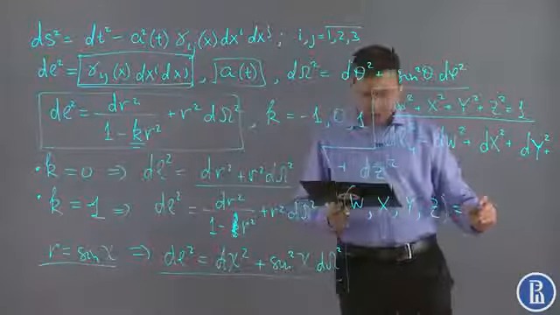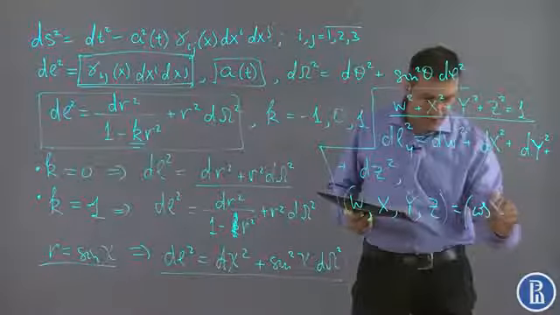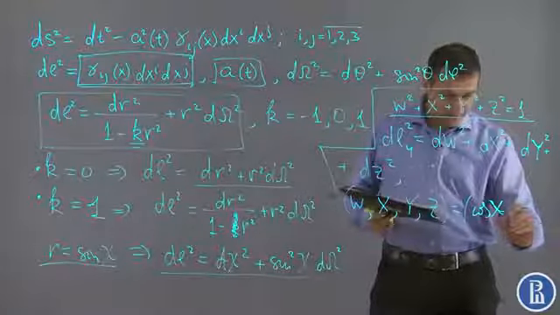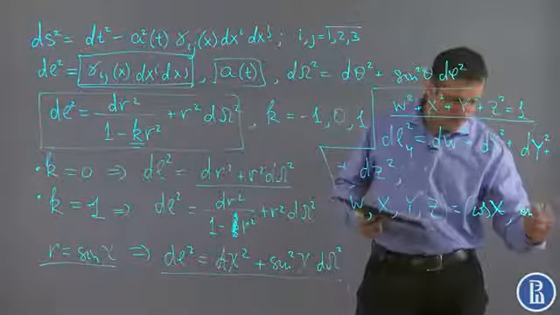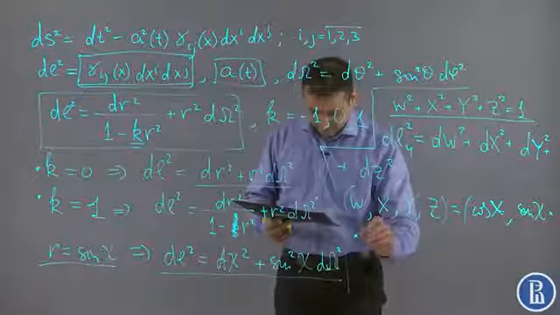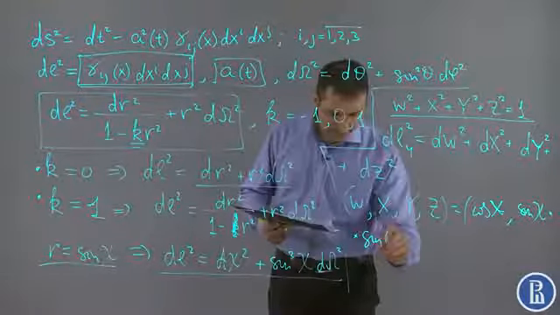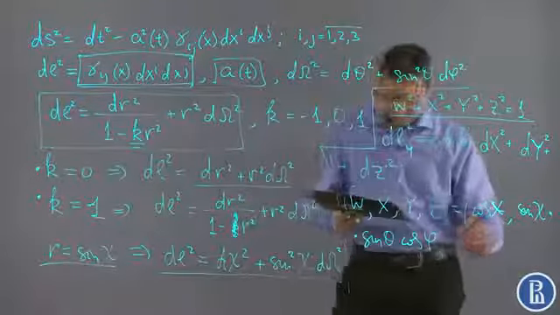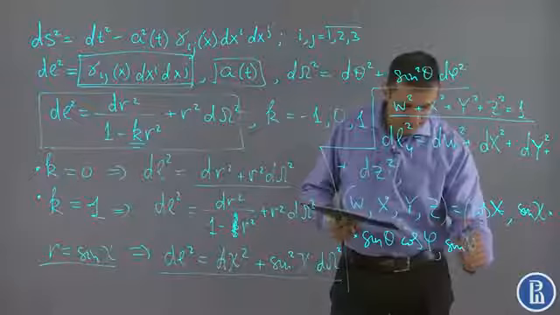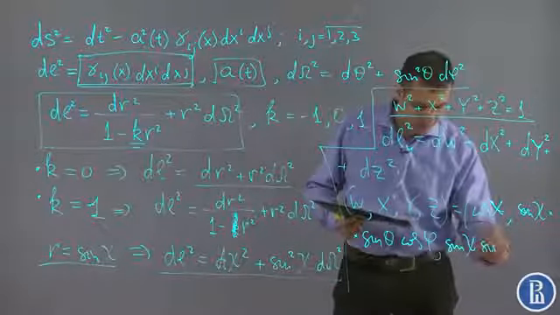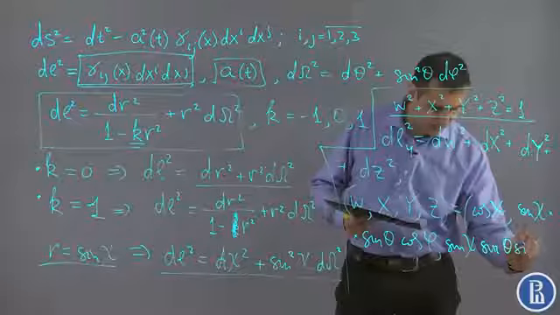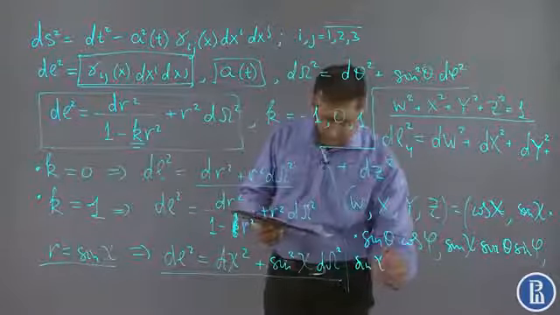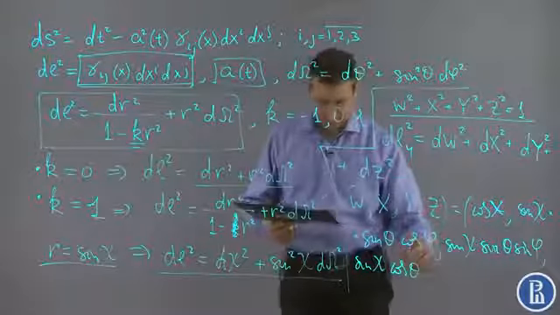It is equivalent to cosine of chi, then sine of chi multiplied by sine theta and cosine phi, then sine of chi multiplied by sine theta sine phi, and finally sine of chi times cosine theta.